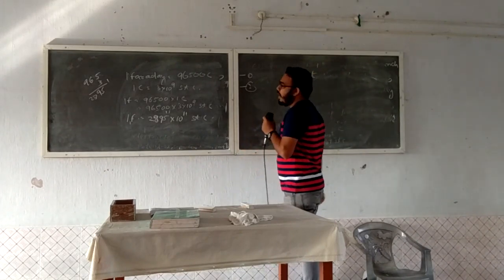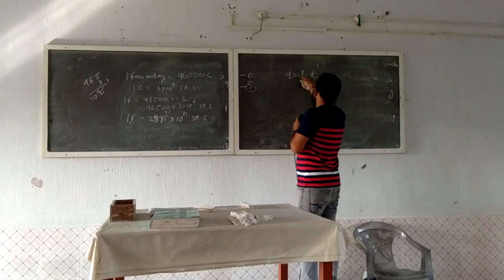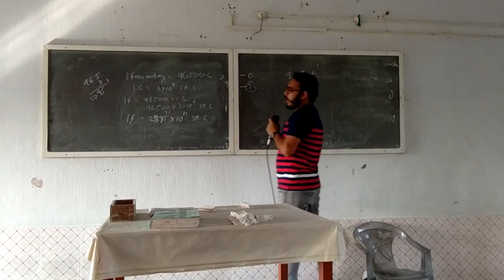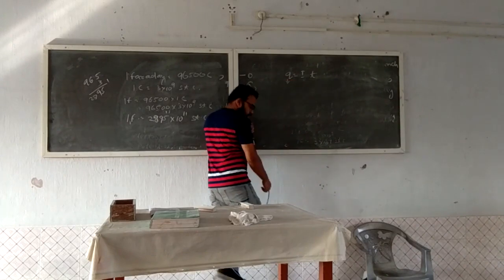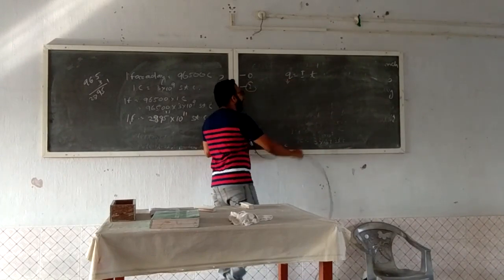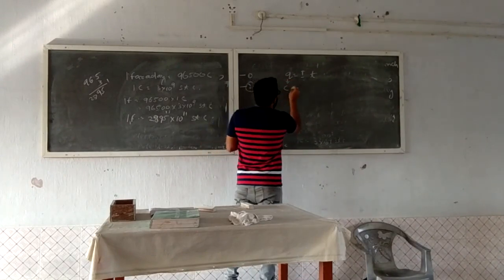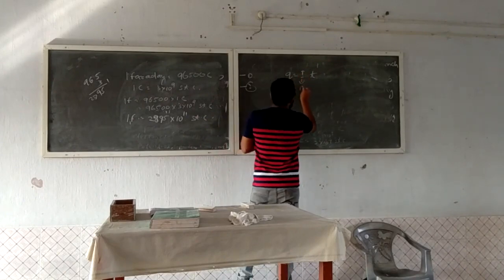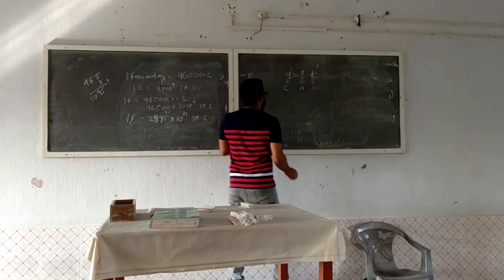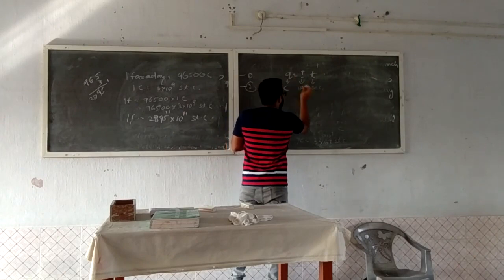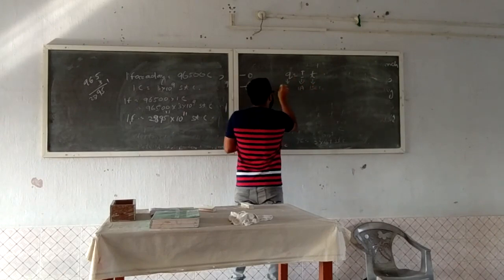Here Q is the charge, I is the electric current and T is the time. Yes or no? The unit of charge is known as coulomb. The unit of I, that is current, is known as ampere, and the unit of time is known as second. If that is 1 and that is 1, then that is also 1.